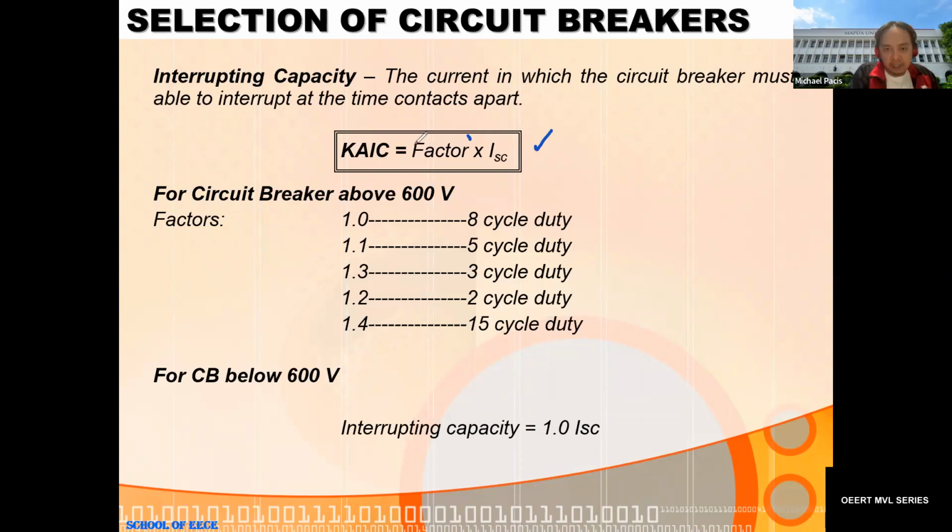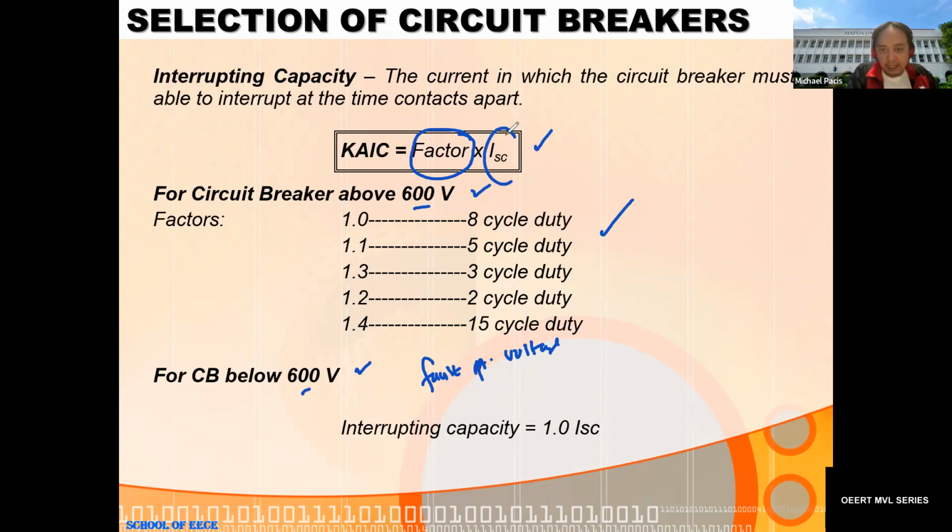So yung factor na sinasabi natin dito, yung tinatawag nating cycle duty, is dependent on two things: circuit breaker above 600 volt, at saka if the circuit breaker is below 600 volt. Ano yung 600 volt dito? Yan yung tinatawag nating fault point voltage. For example, the fault point occurs at a 13.8 bus bar. You will need to use the following factors.